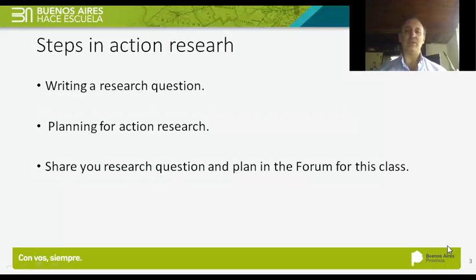This is very important, and it doesn't have to be something broad, but on the contrary, you have to narrow the scope of what you want to observe effectively. The other step is planning for action research, that is basically what you are going to do in the class with your students.